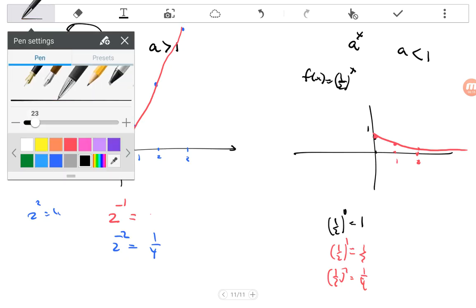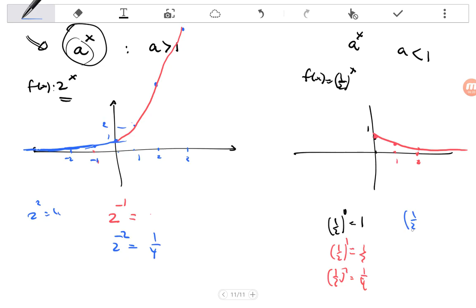For the negative values of x, half power negative 1 is just equal to 2. And half power negative 2 is just equal to 4 and so on. So the curve will be just like this.